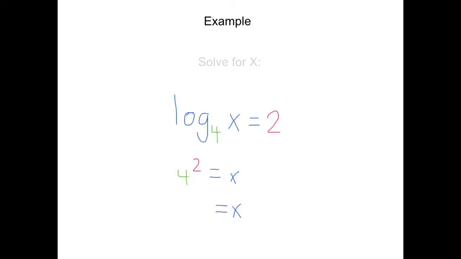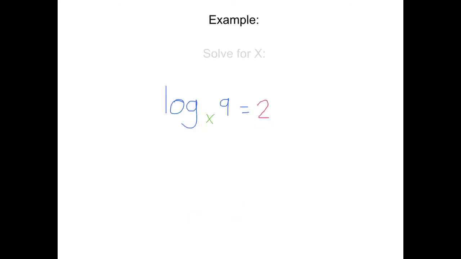From here, it's pretty straightforward. x equals 16. Okay, in our final example, we have to find x when it's the base: log base x of 9 equals 2. What would we do here? As usual, we would think of it in exponent form, because that's easier to think about in your head.